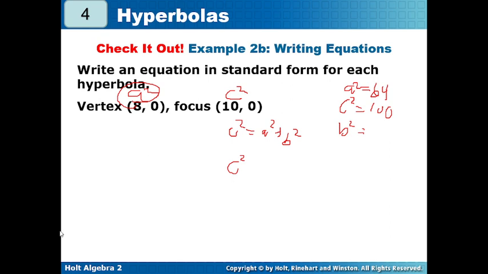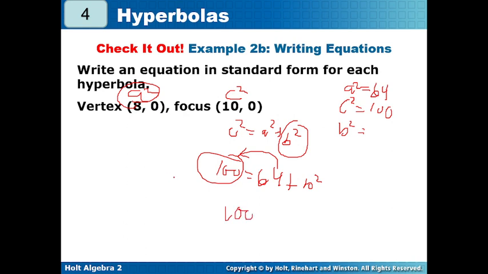So 100 is equal to 64 plus b squared. What number could we add to 64 in order to have 100? You could simply transpose the 64 to the other side, so it becomes 100 minus 64, positive to negative, correct? So it's equal to b squared. 100 minus 64 is 36. So 36 is equal to b squared.